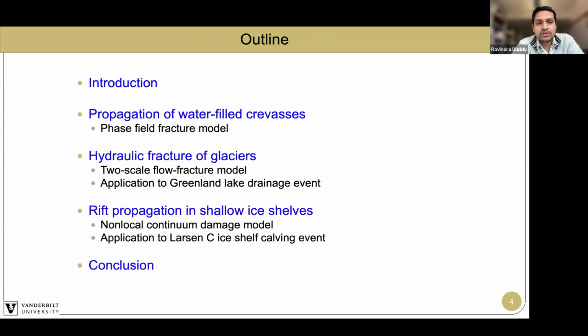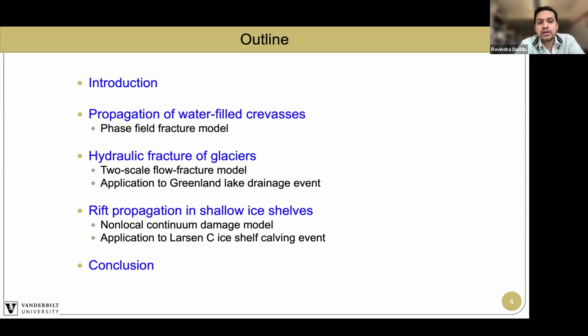The outline of my talk today is as follows. I'll begin with an introduction, broad motivation and significance aspects. Then I'll focus on three applications. First, how do we use the phase field fracture model to simulate the propagation of water-filled crevasses? This is more of a theoretical exercise with idealized domains.